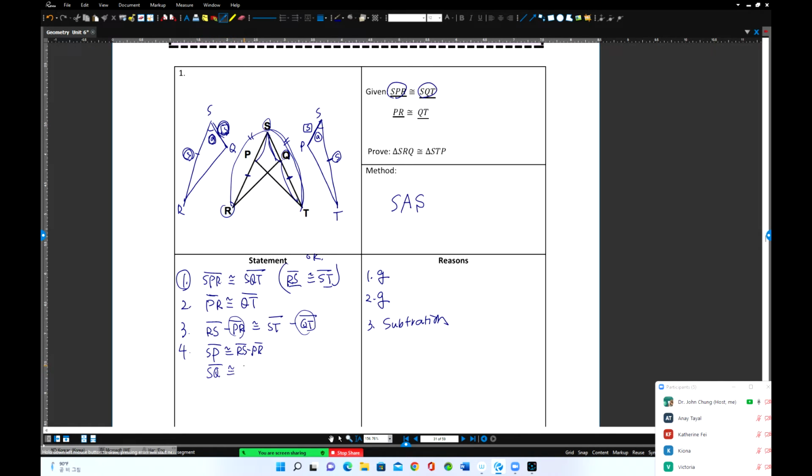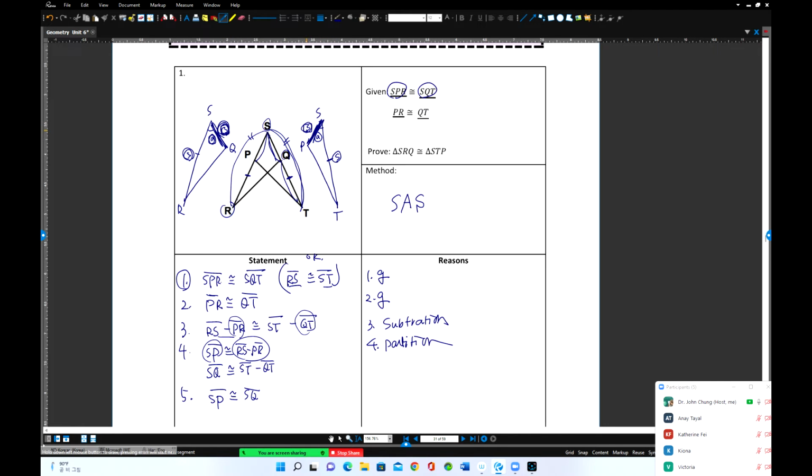SQ congruent, what is ST minus QT? That is the partition rule, okay? Replace this one with the SP. So SP now congruent SQ, right? That's finished.